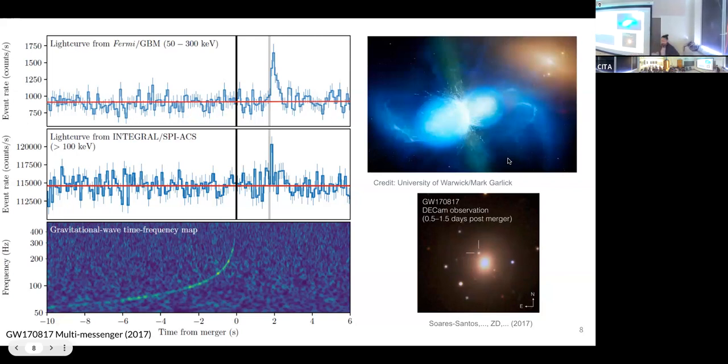So this was really exciting because not only did it tell us that neutron stars can actually merge, but they also produce this whole light show of electromagnetic counterparts that we can observe and then use all of these things together to study these very interesting objects and do a lot of other interesting science that's seemingly unconnected.